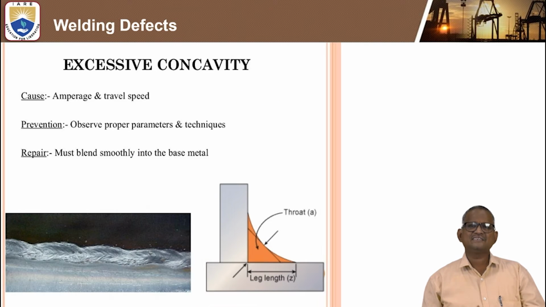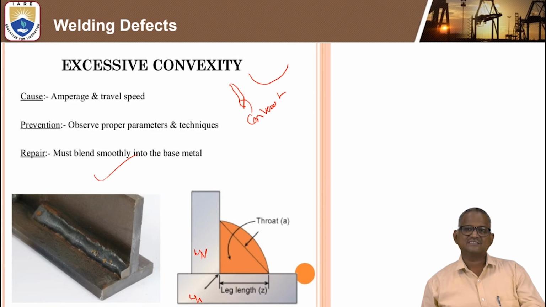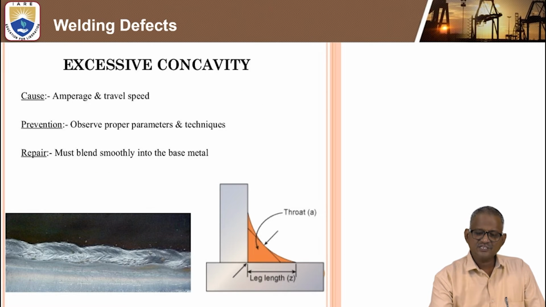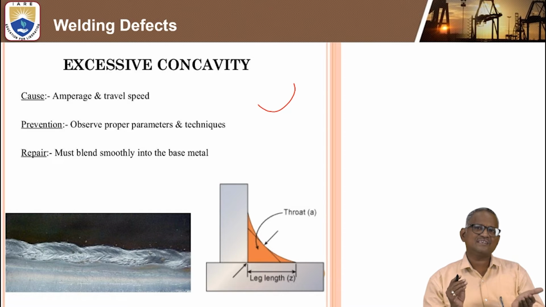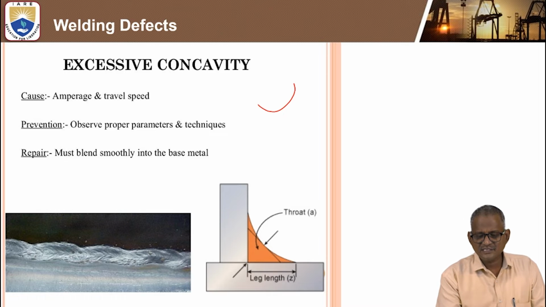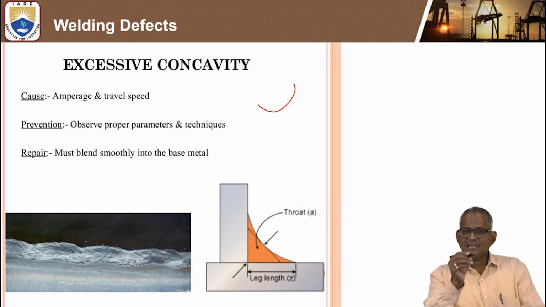Now look at another one. The previous one is convex. This is concavity. The same principle as the earlier defect applies, but here the only thing is this is a concave form.